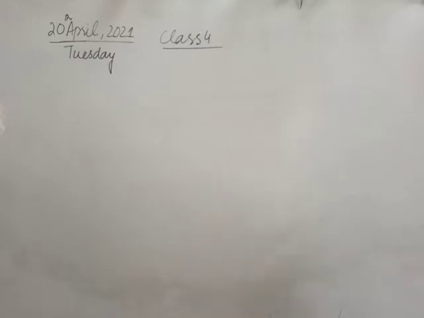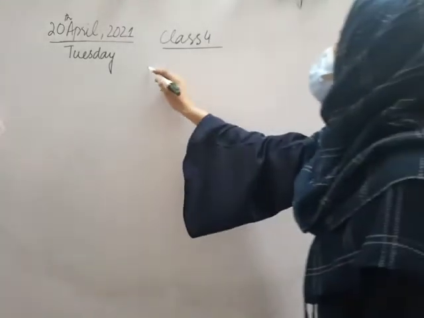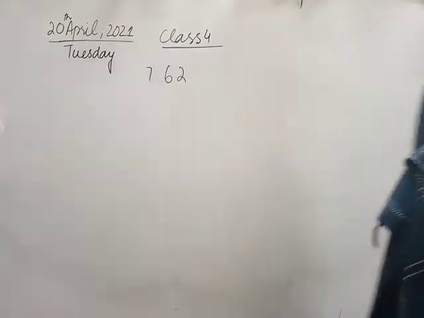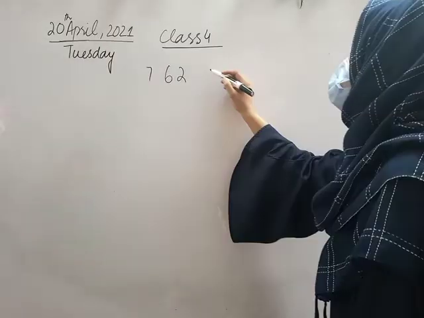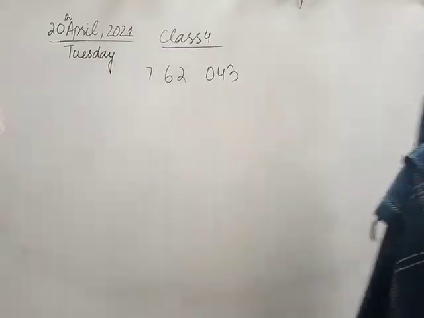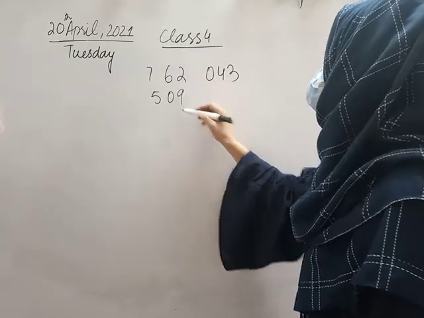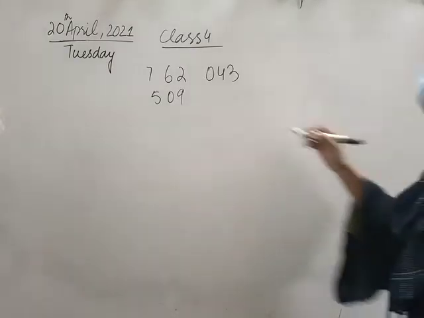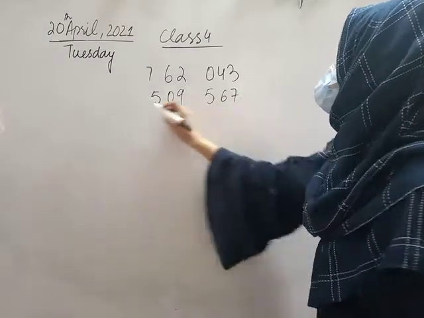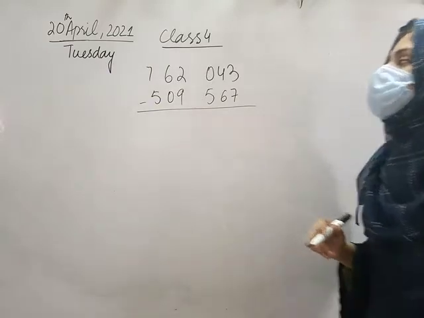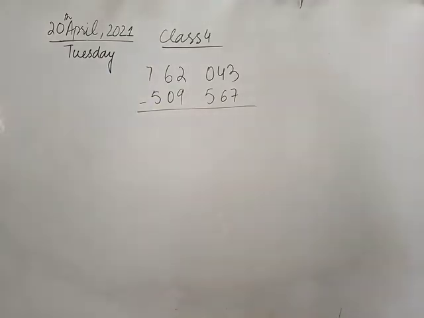I have 762 043 and I want to subtract 509 567. Okay, my first number is 762 043 and my second number is 509 567.